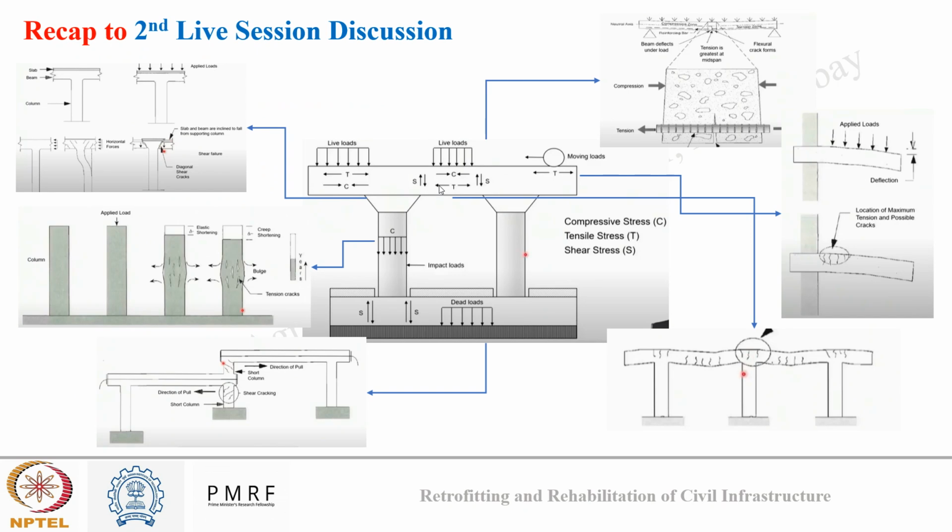of load and design associated distresses, in which we discussed different types of stresses which act on different members of infrastructure, and then we talked further about how these different members respond to loads, starting with the simply supported member.